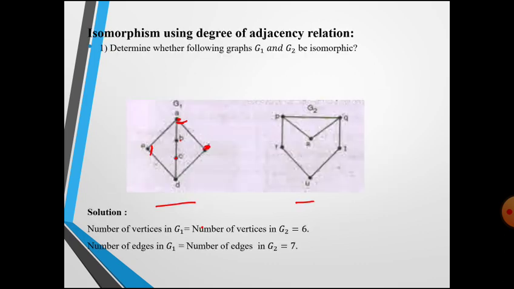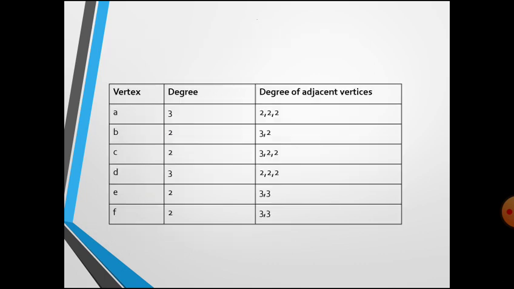Now similarly, the degree of vertex C is 2 and its adjacency vertex degrees are 2, 3. We can write down the degrees of adjacency vertices in either increasing or decreasing order.